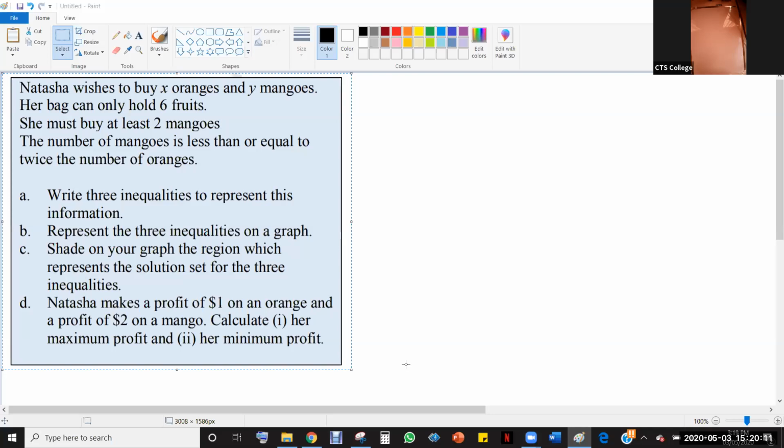Can we join the graph? Of course, if you could.